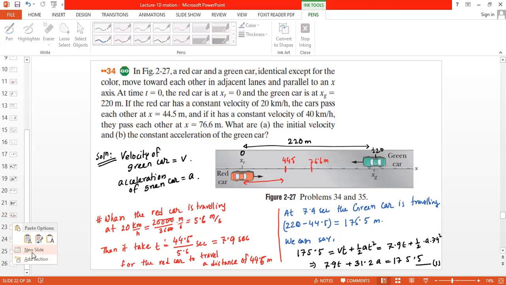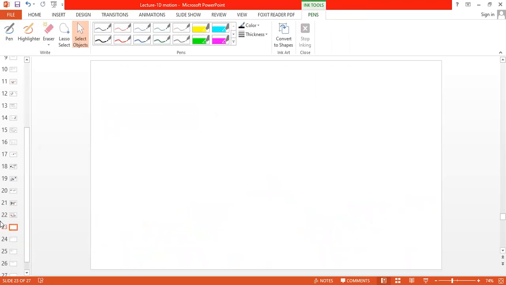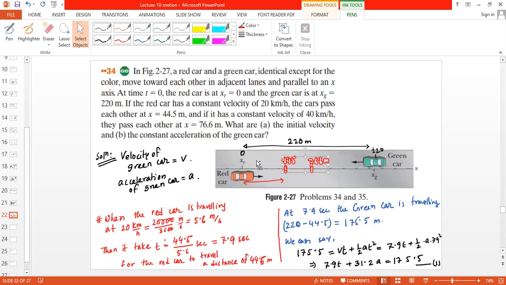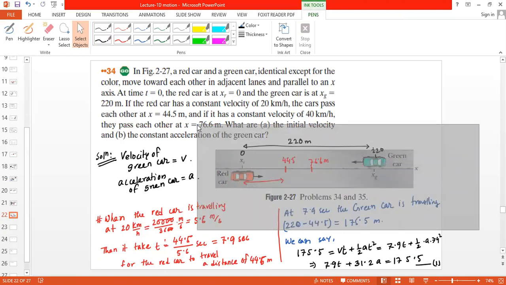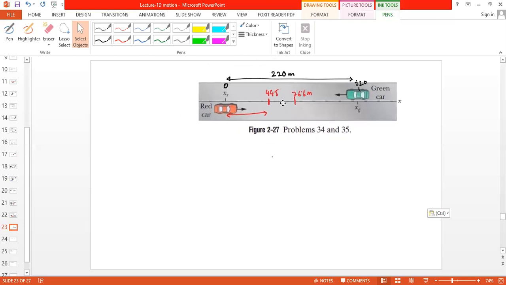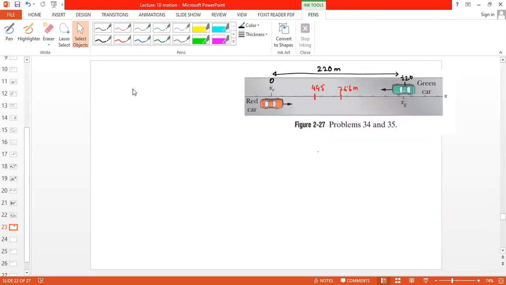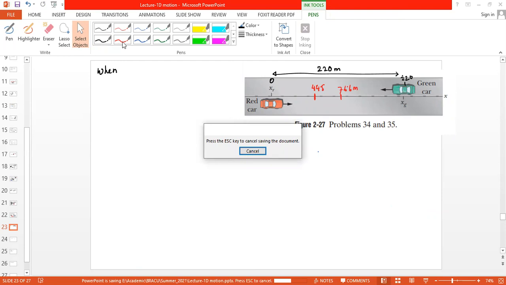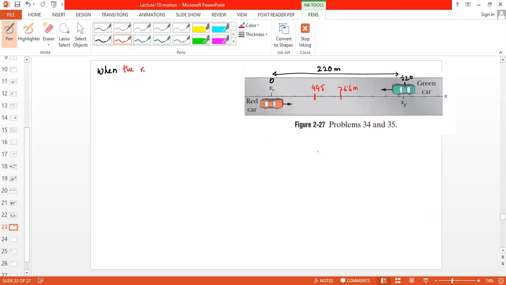Now same again, but when the red car is traveling at 40 kilometer per hour, this means what? 40,000 divided by 3600.